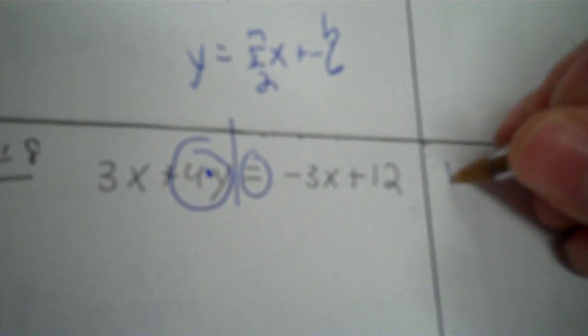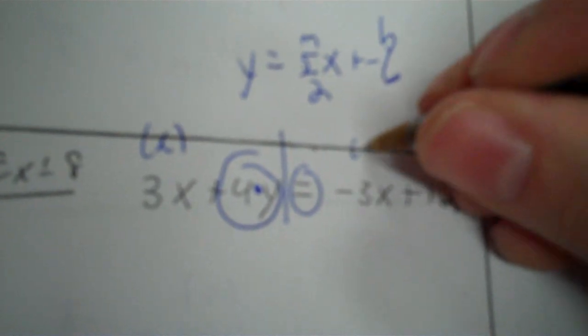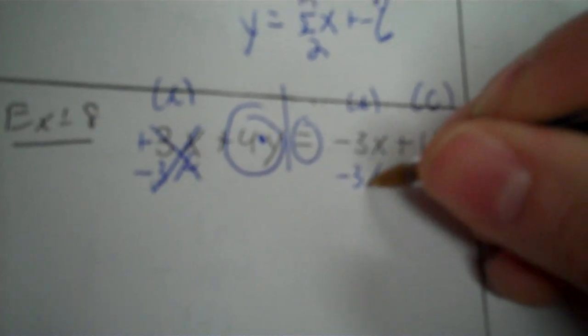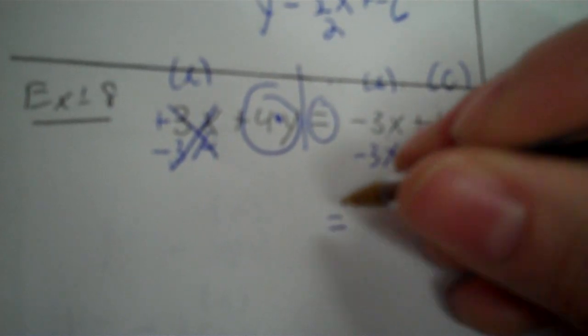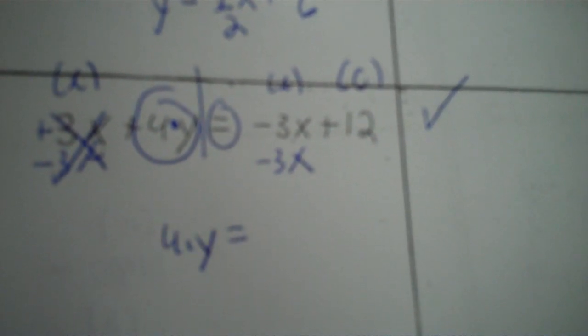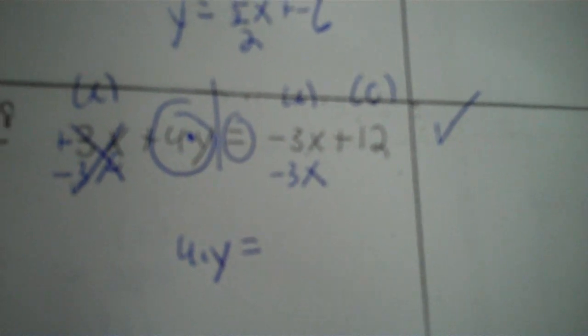Okay, now we got to get the y by itself. So y is multiplied by a positive 4. You can check that. Now you got an x term, another x term, and a constant term. So I'm going to get rid of this 3x. It's positive, so then I would subtract it, but there's an x for it to go with, which would be negative 3x. This is not 0, okay? If you're at negative 3 on a number line, and minus 3 would mean you go 3 to the left, so negative 4, negative 5, negative 6.